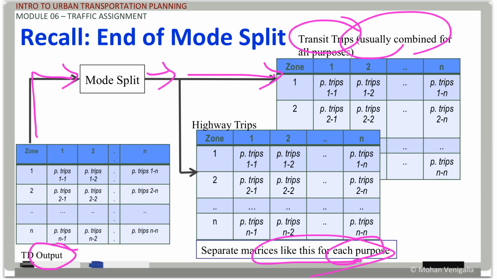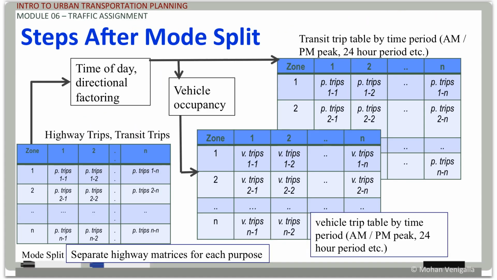So up to this point, we learned this is your step 3, or in our case, we use that as module 5, right? Up to this point, you are maintaining the trip purpose. Now, this is a step we will revisit in module 7, a little bit, not in detail.